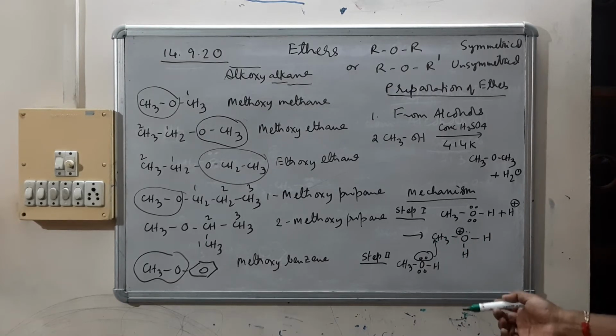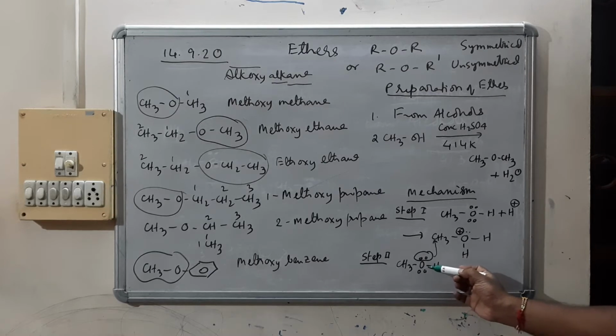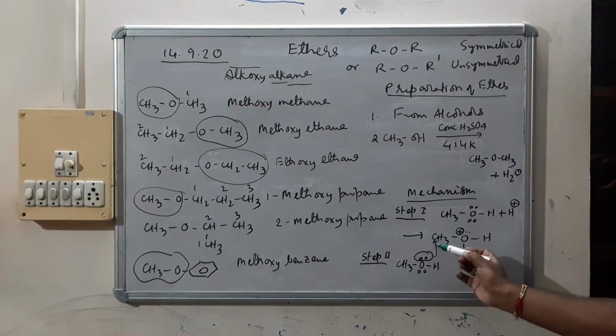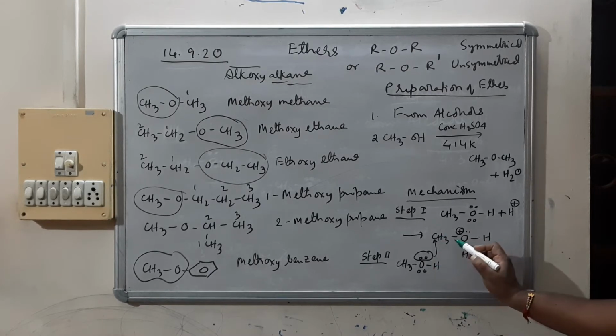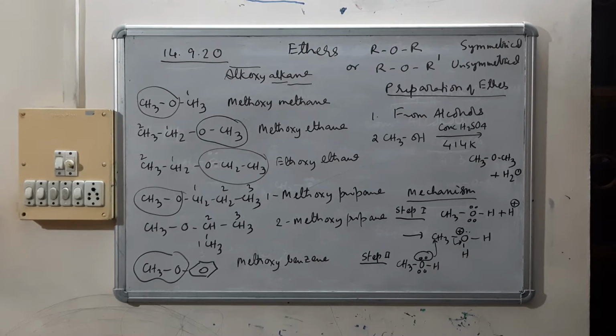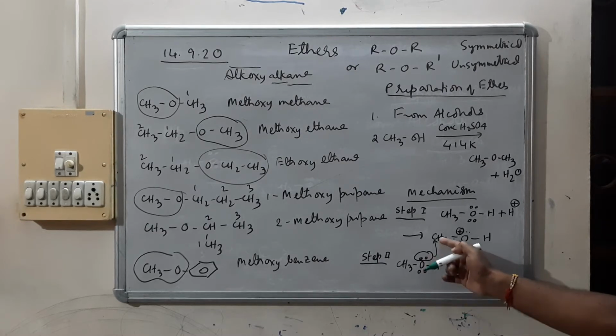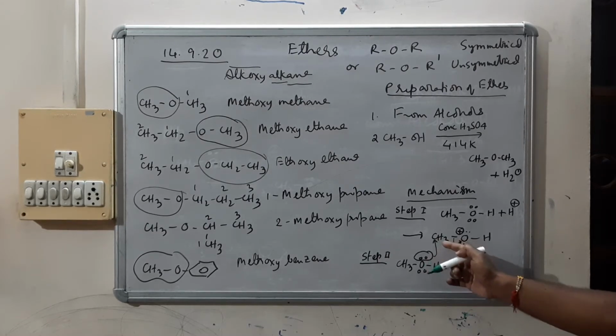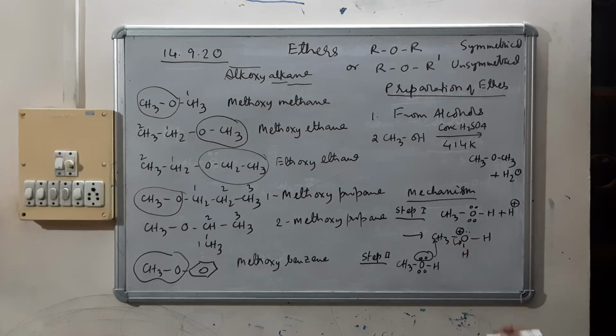I am showing it here only. The second molecule of alcohol will act as a nucleophile, will attack here, and simultaneously this bond will break. So two things are happening simultaneously. This bond is getting formed, this bond is getting broken. So here the attack is an SN2 attack.